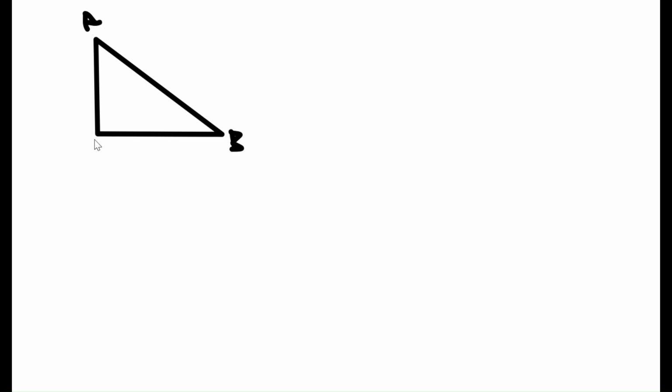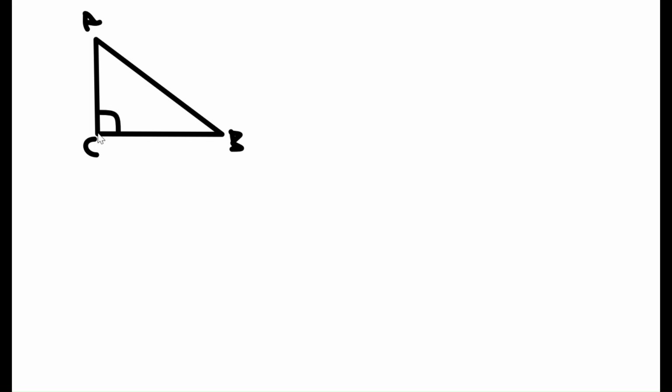So we will make a right triangle. This is angle A, this is angle B, and angle C. And this is your right angle, which is 90 degrees.